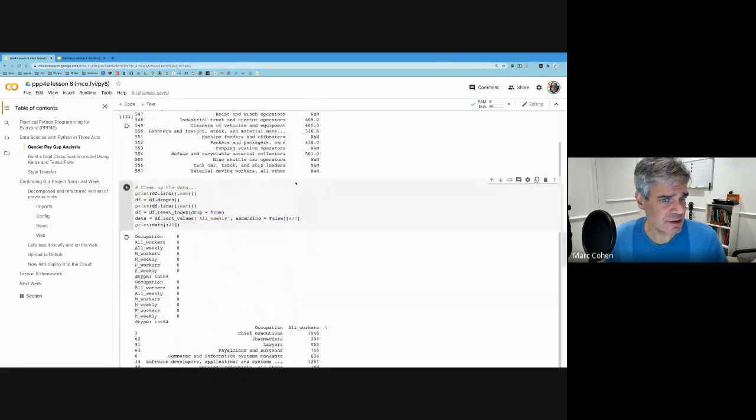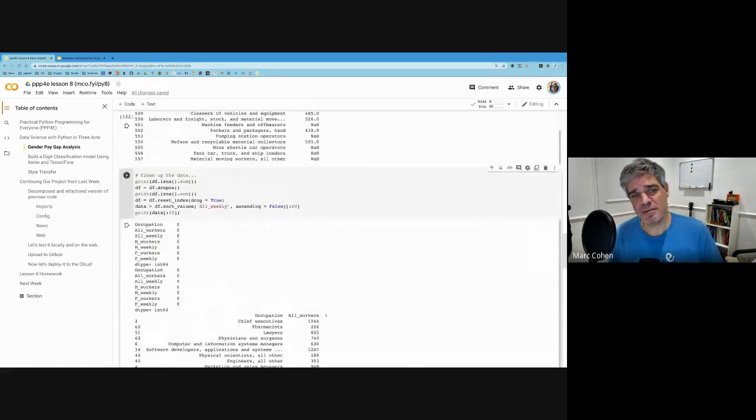Now, you're not going to do the same thing every time with every data set, obviously, but that just hopefully gives you a sense of how you can use Pandas to load some data into a frame, examine it, and clean it up. All with Python.